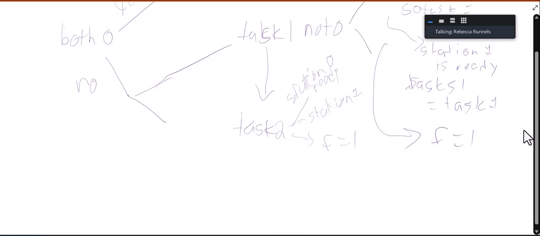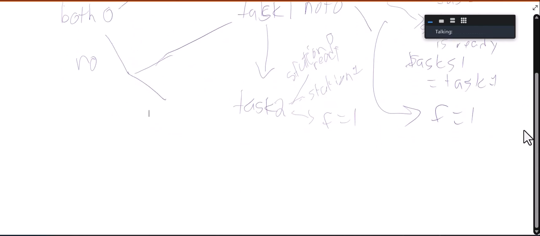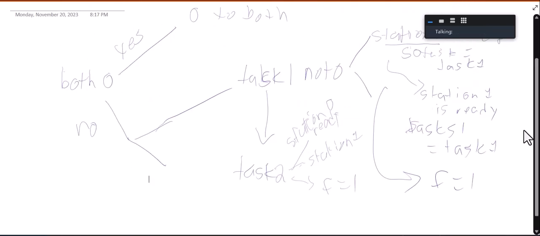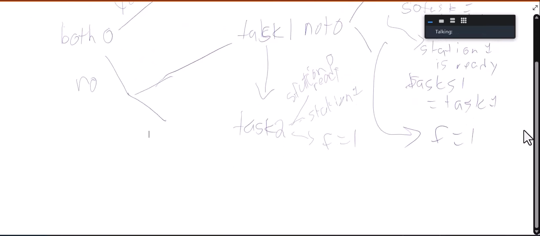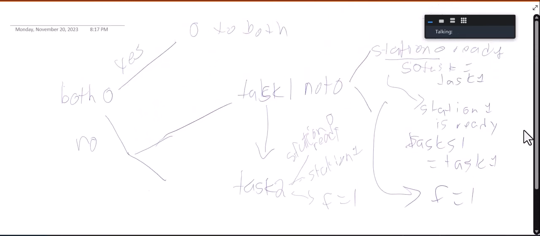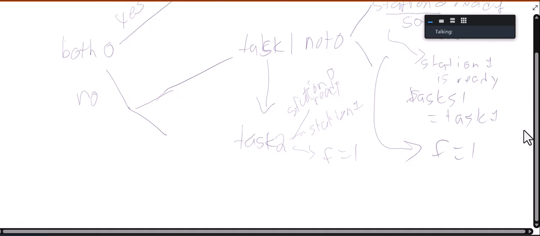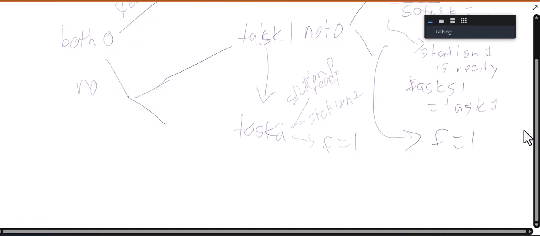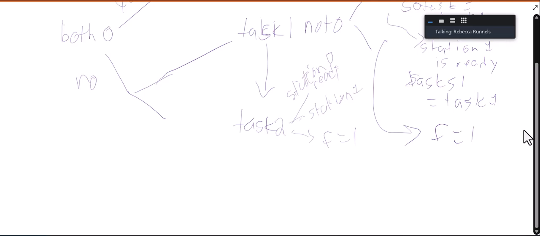Okay, and then we have that. I actually did this not with not 0, but 0. I actually did if task 1 was 0, then I assigned task 2.